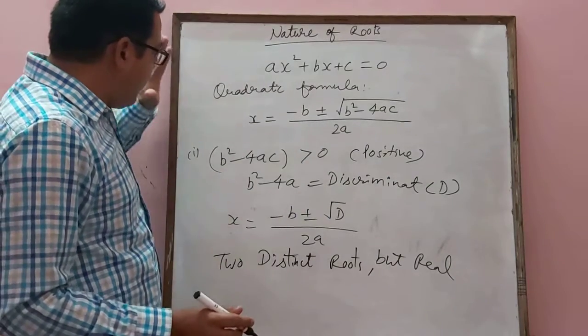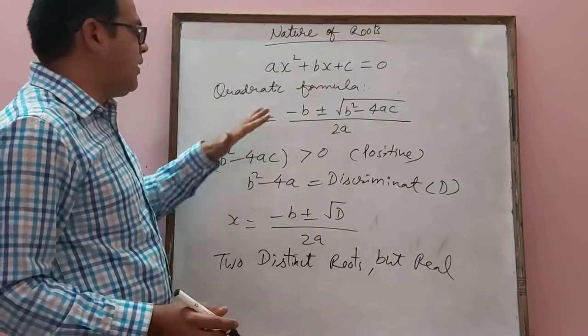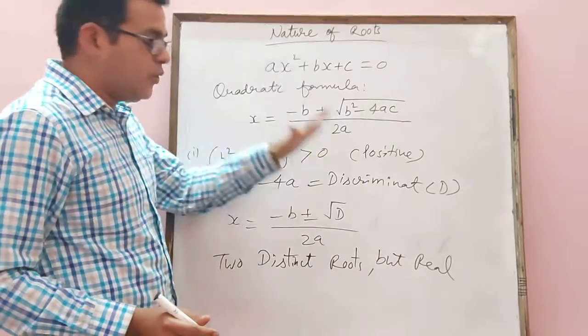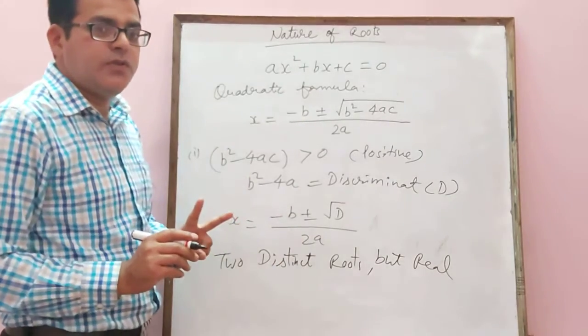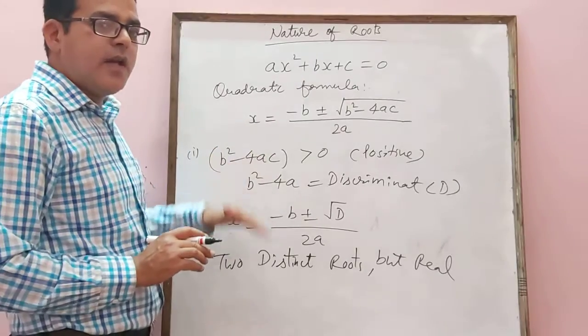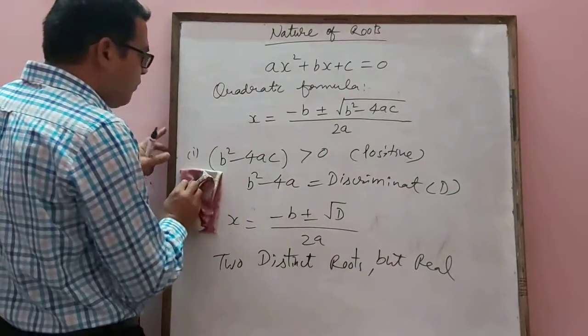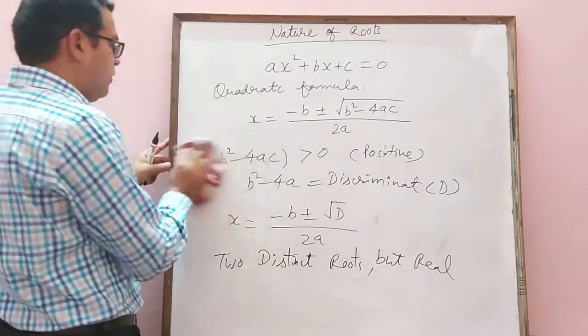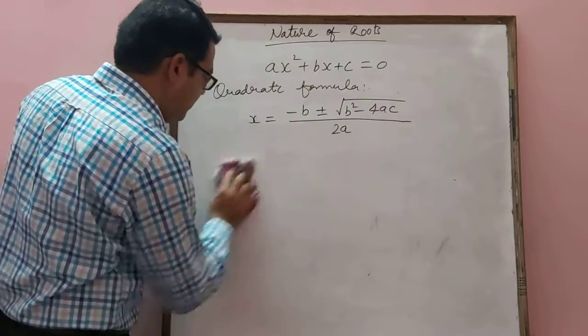So if the value of D, or discriminant, that is b² - 4ac, is positive, we will get two different but real roots. I will explain this by taking an example also, right? So first we have to discuss the second and third cases, both.